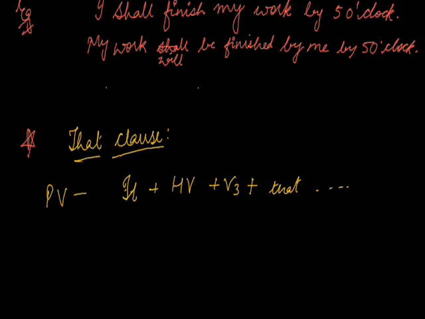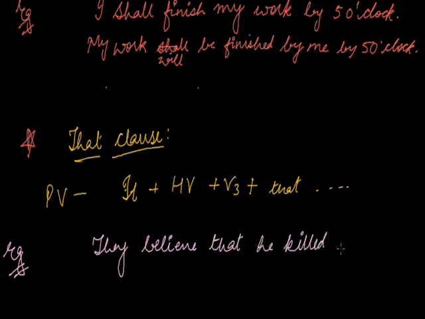Let's take an example to make it more clear. They believe that he killed his wife. Now here you have a that clause. So its passive voice can be made very easily.